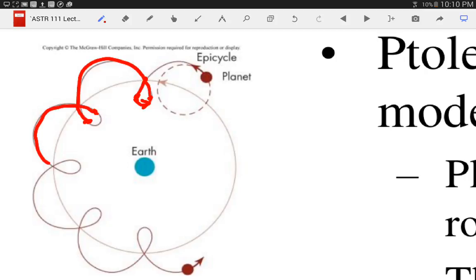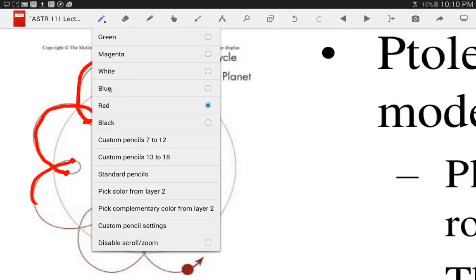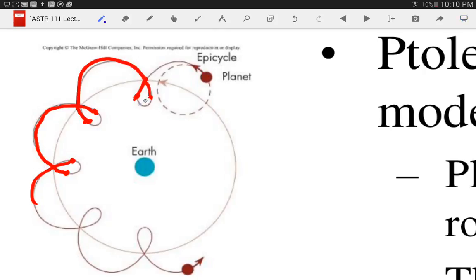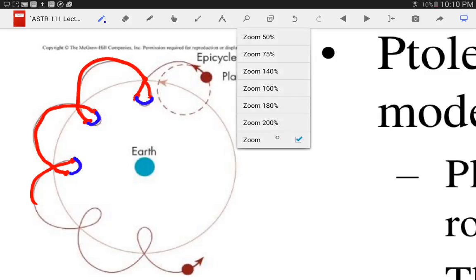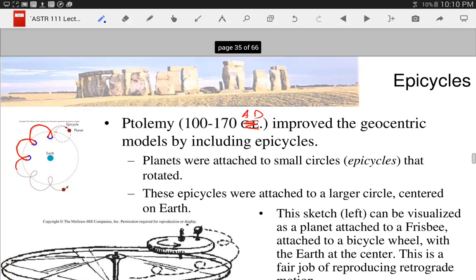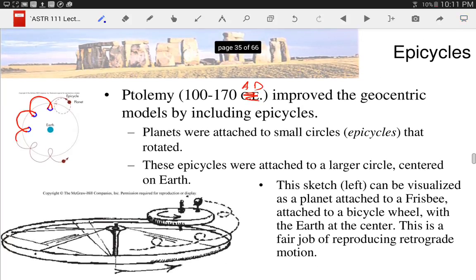And so the red there is the normal motion, and then I will use blue to show the retrograde. And so this idea of the epicycle with the deferent allowed him to explain retrograde motion. Now it's a pretty complicated little picture, but it worked. And it didn't fundamentally change the ideas of Aristotle, it just fine-tuned them.